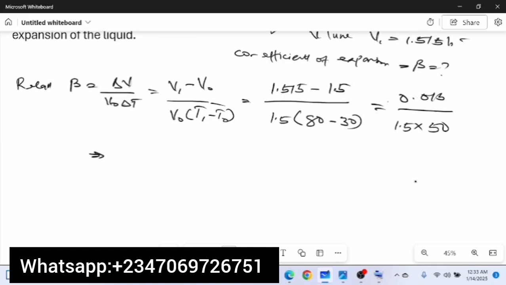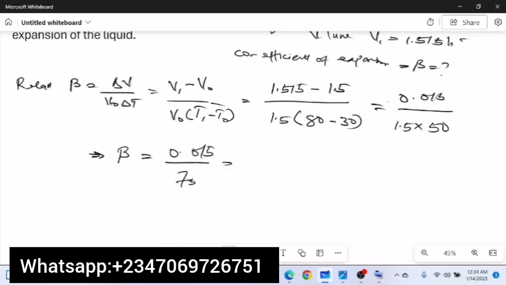So this simply implies that the coefficient of thermal expansion becomes 0.015 all over, so let's obtain 1.5 multiplied by 50. That gives us 75.